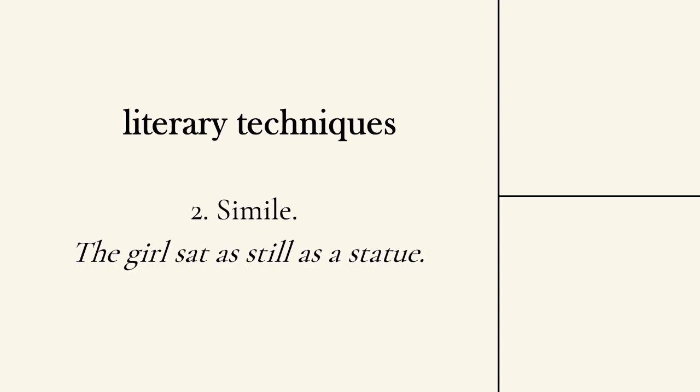But the difference between simile and metaphor is that a simile uses the word like or as to drive the comparison home, while a metaphor does not. A metaphor just says this is this.